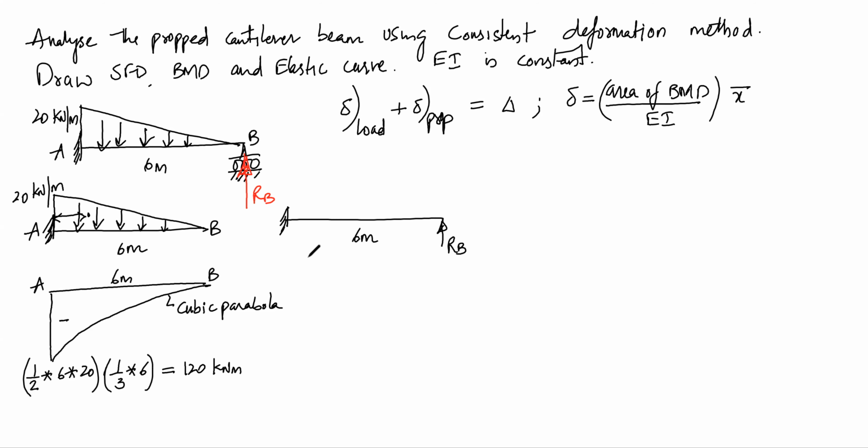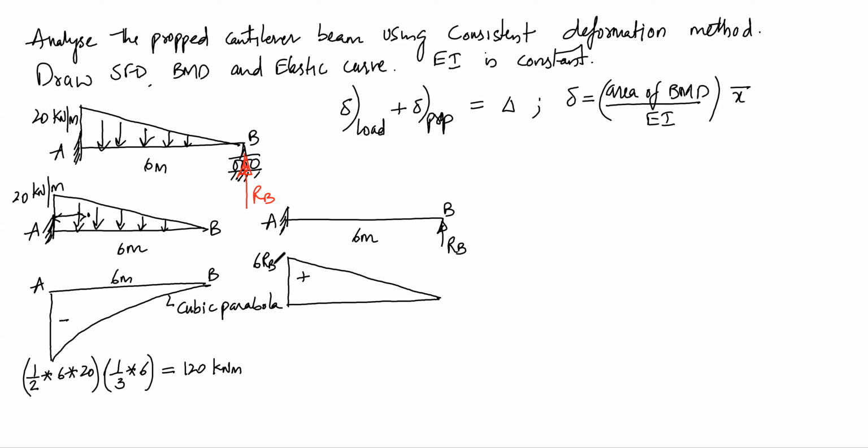And similarly for cantilever beam with prop, there'll be a sagging bending moment like this, and the bending moment at point A is given as 6 times RB, right?